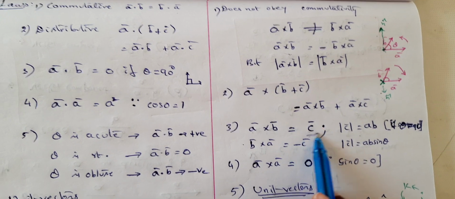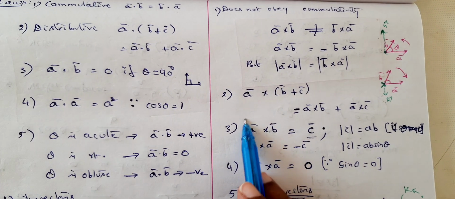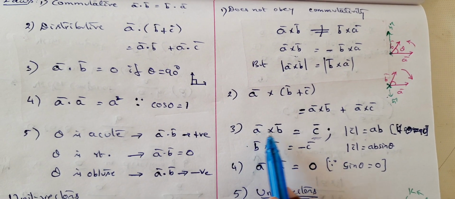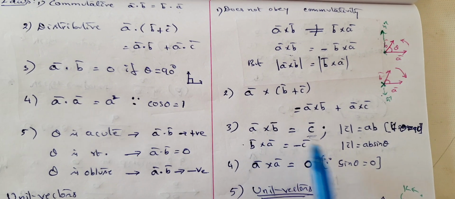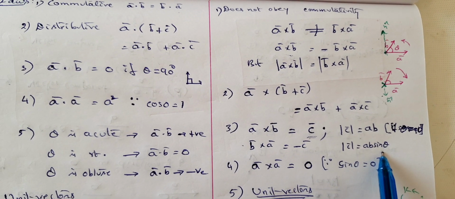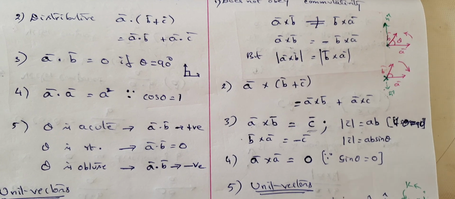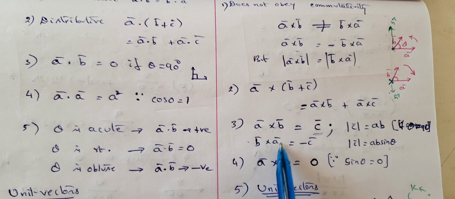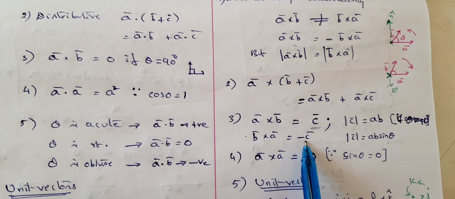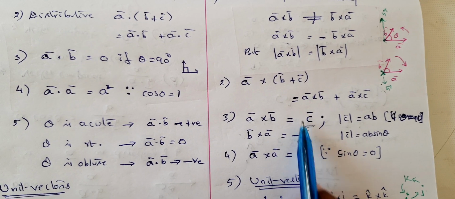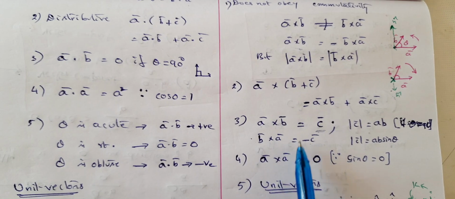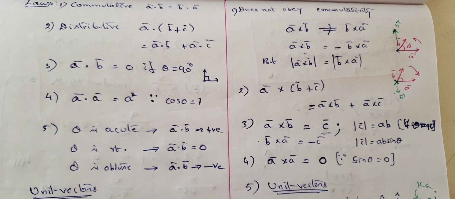The magnitude of this vector is the magnitude of A bar cross B bar, or rather we can say AB sin theta. And now if it is B bar cross A bar, it is minus C bar, right? So this you have to remember always, because commutativity doesn't hold good in case of vector product.